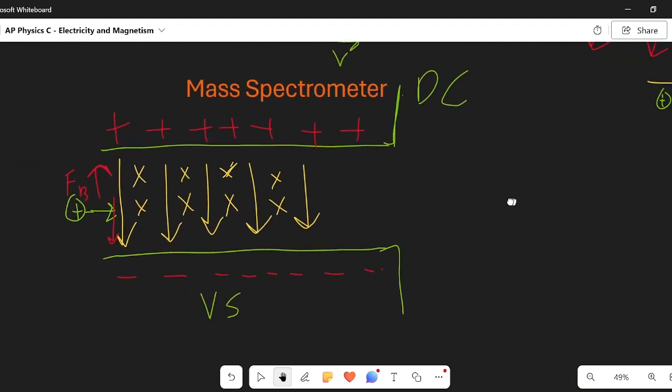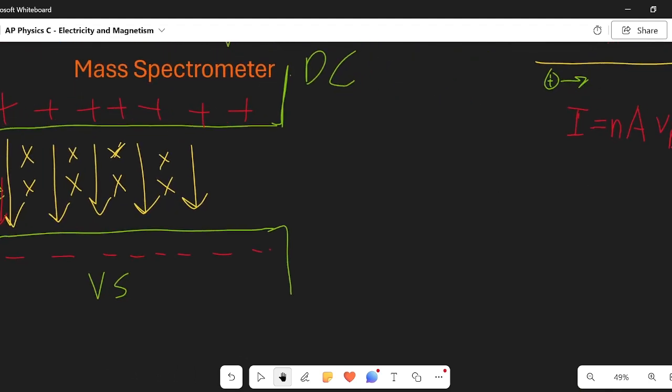So now let's get back to the mass spectrometer.